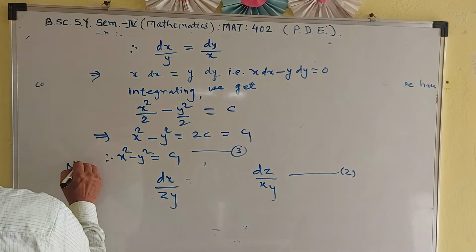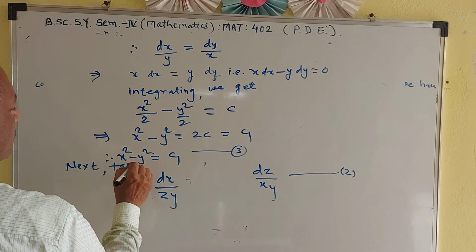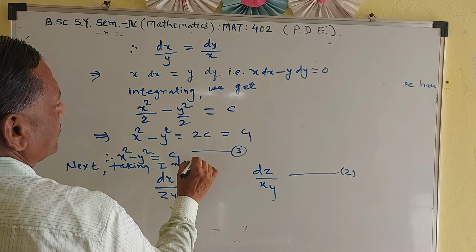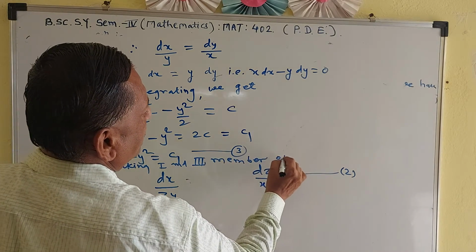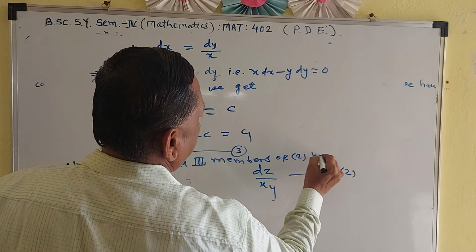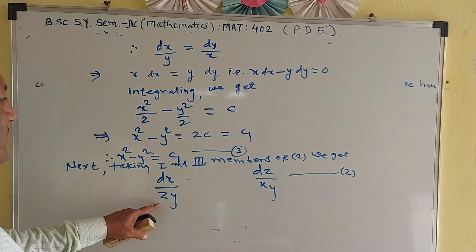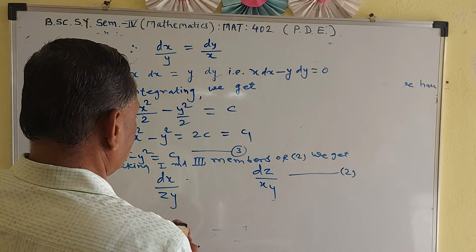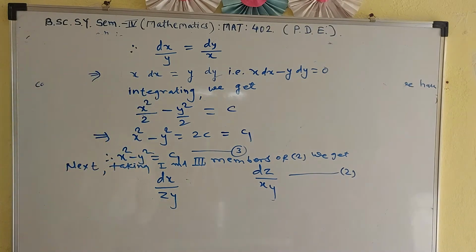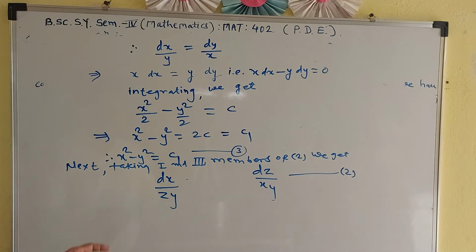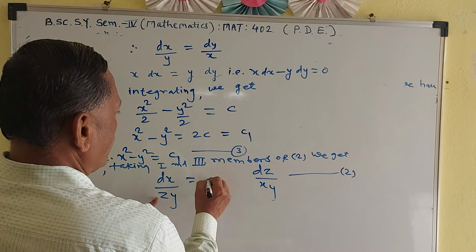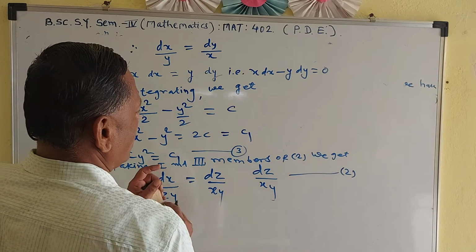Taking the first and third members of 2, we get dx upon zy is equal to dz upon xy.